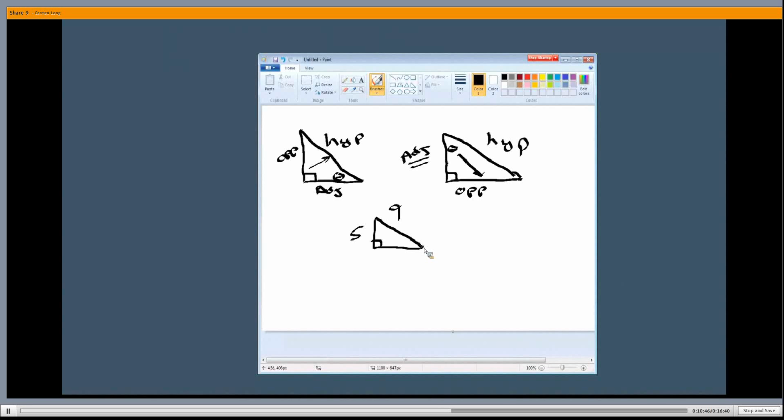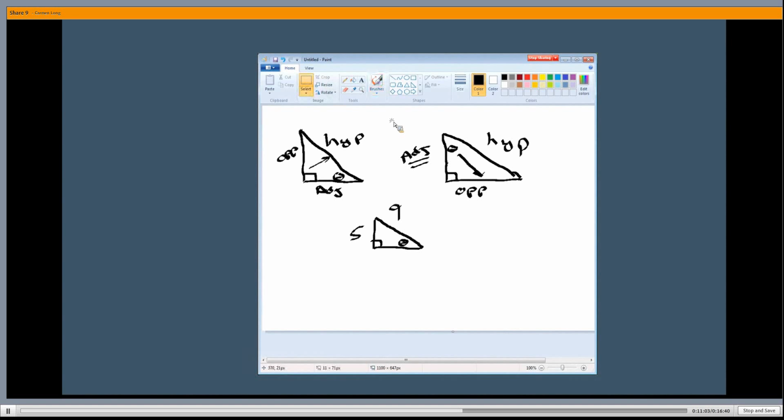Let's say this angle is theta. Well, the first thing I need to do is find the measure of the other side. That's not too hard because we can use the Pythagorean theorem to do so.